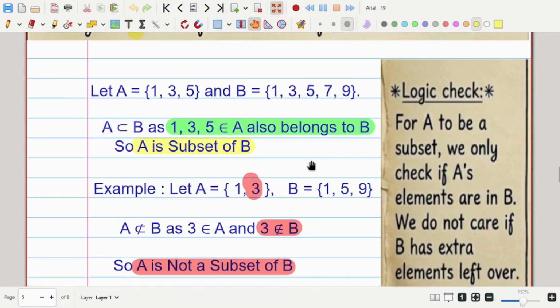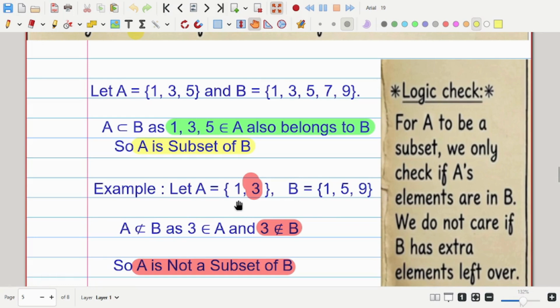See another example. Let A be the set {1, 3} and B be the set {1, 5, 9}. Now the question is, is A a subset of B? A set is a subset of another set if all elements of the set are present in the other set.